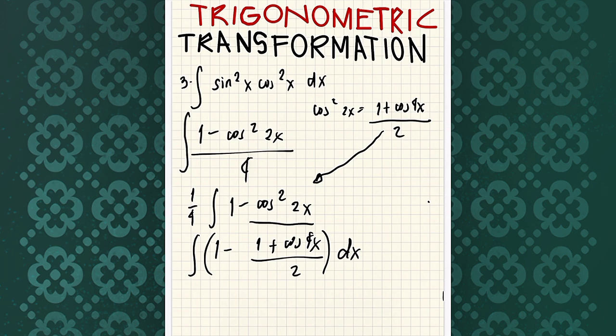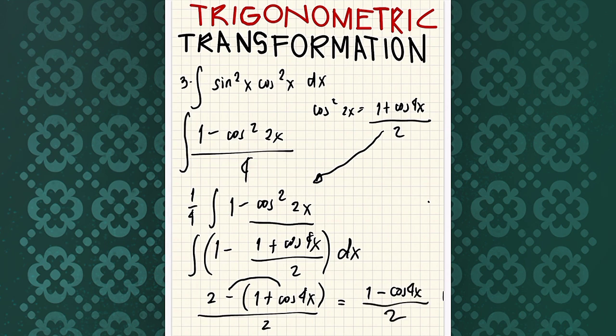It becomes 2 minus 1 plus cos 4x over 2. So 2 minus 1 is simply 1, and distribute the negative sign, so 1 minus cos 4x over 2. Don't forget that there is a 1/4 here.